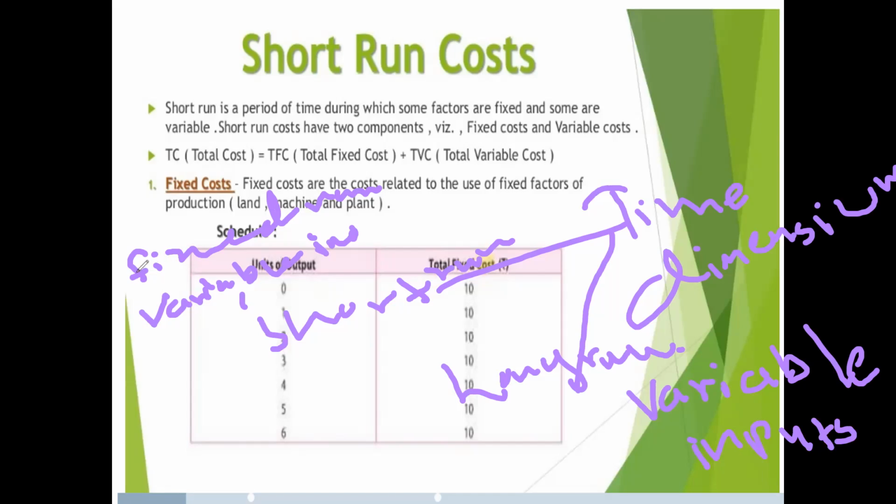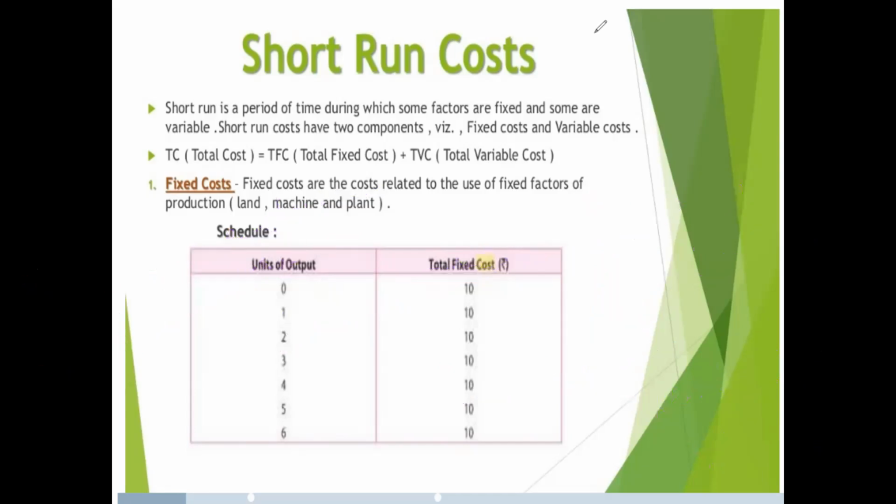Right? So they relate with those short-run inputs. We can identify fixed inputs as well as fixed cost, variable inputs, therefore variable cost. If we consider the short run period, some factors are fixed and some factors are variable.